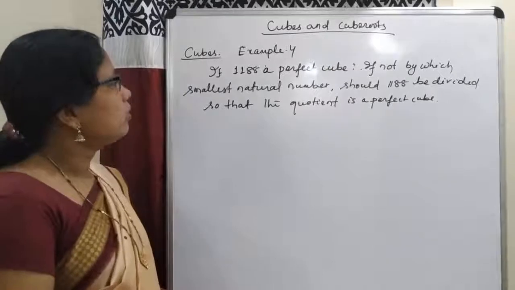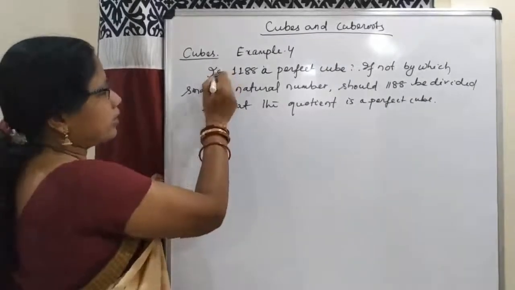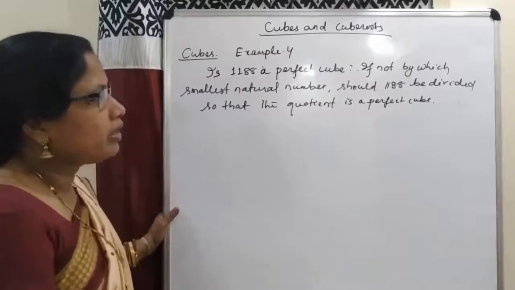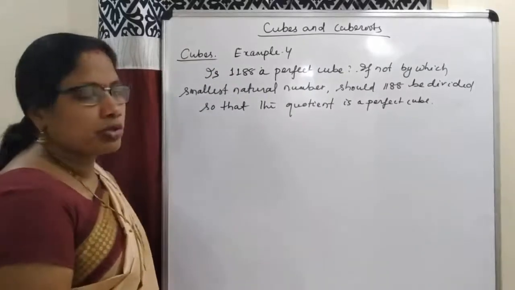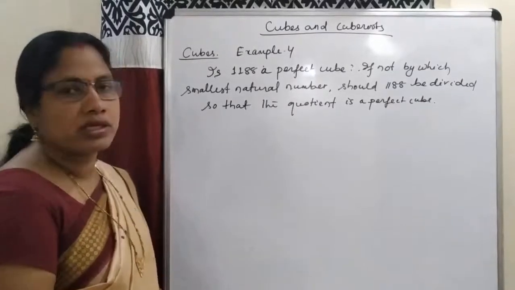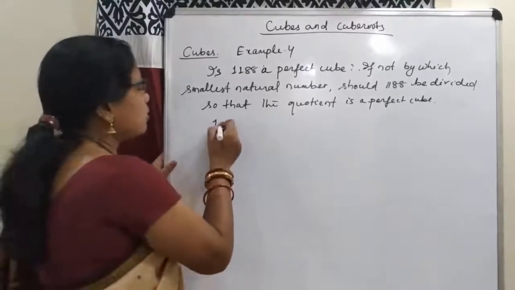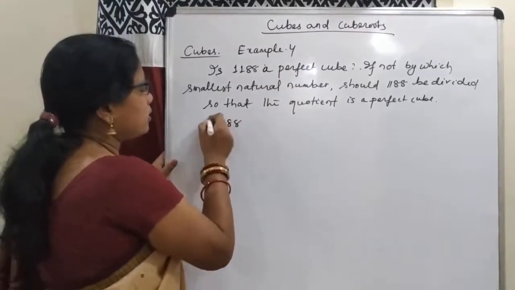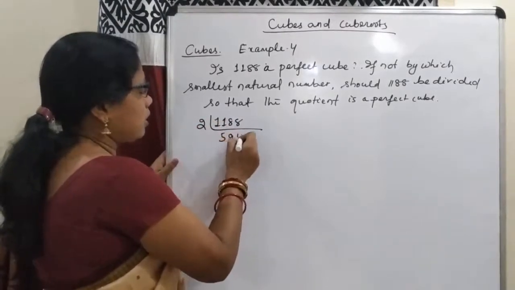Next example. Is 1188 a perfect cube? If not, by which smallest natural number should 1188 be divided so that the quotient is a perfect cube? So let us factorize 1188. So this is divisible by 2. 9 4.